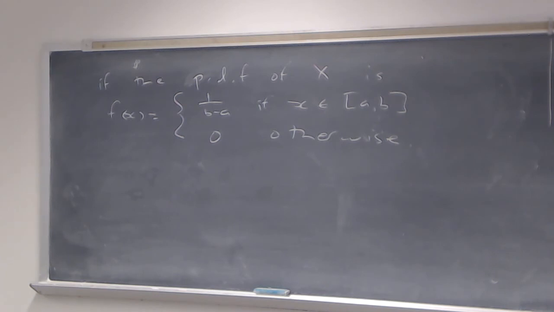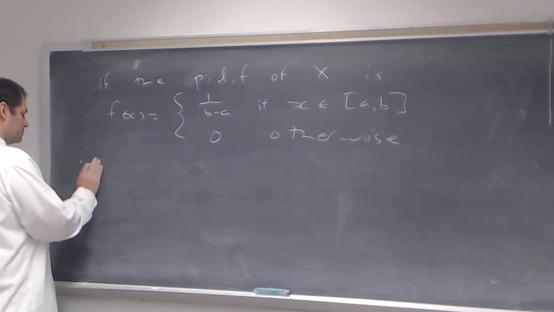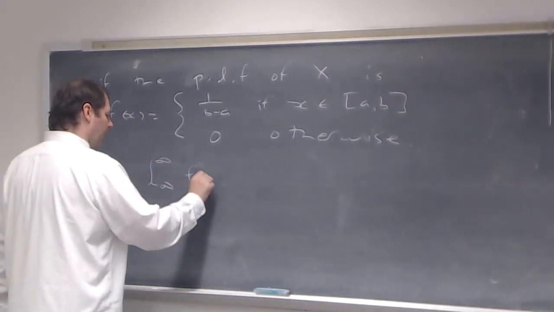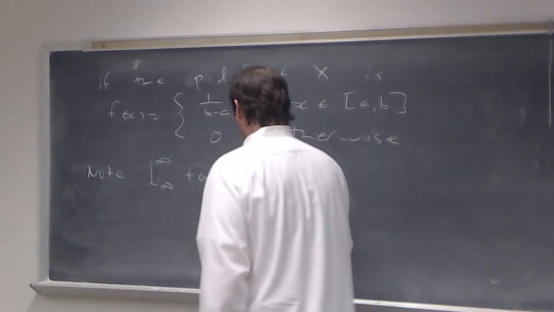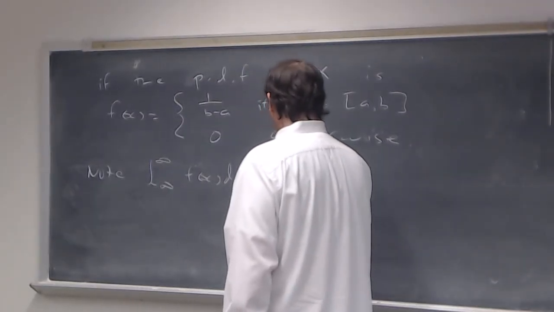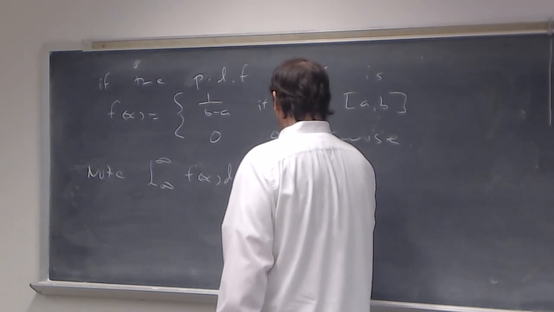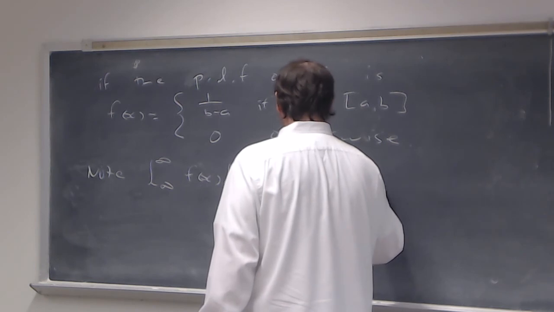But the first one I want to do is that if you remember the integral from minus infinity. So here I'll just say this. Note the integral from minus infinity to infinity of f of x dx, if we have a uniform random variable, is going to be equal to the integral from minus infinity. Well, it's only going to be non-zero from a to b. So this will be 1 over b minus a dx.